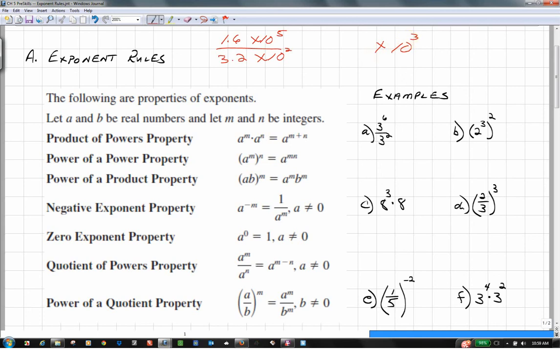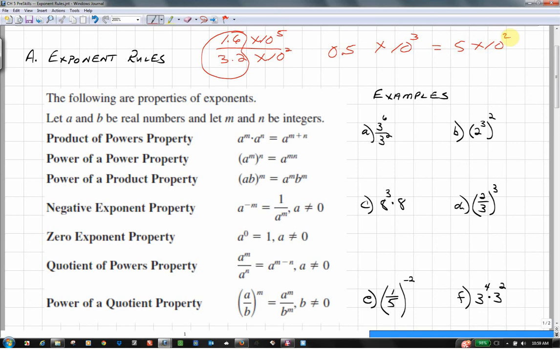And then I'm going to have 1.6 divided by 3.2. Now, these are not exponents, they don't have exponents. Those will divide. The number parts will divide, and I would have 0.5 times 10 cubed. Okay? Which, of course, if you change that, that would be 5 times 10 squared.